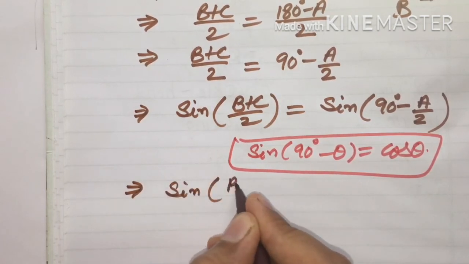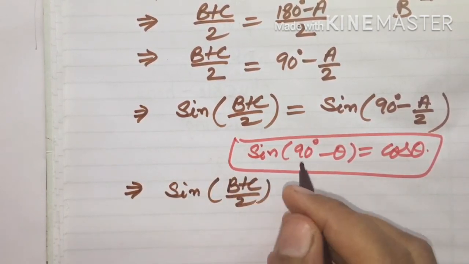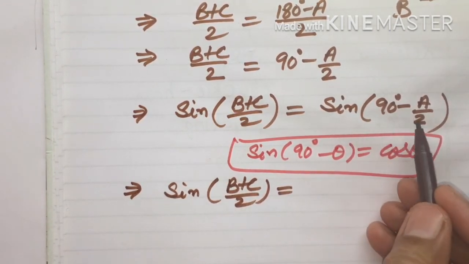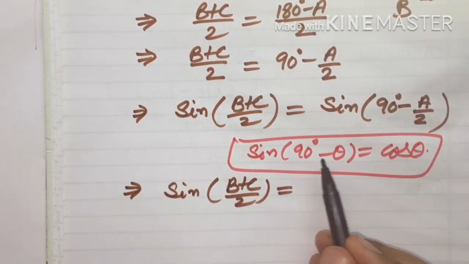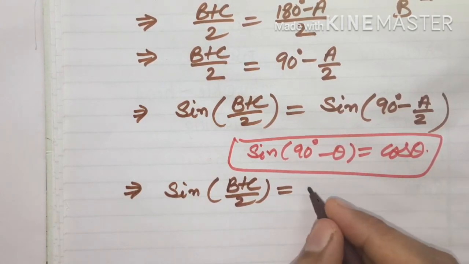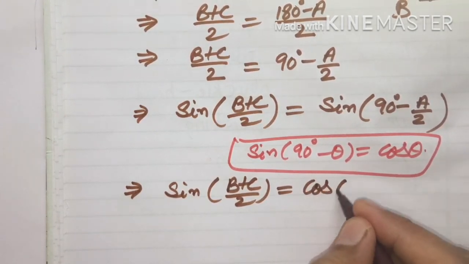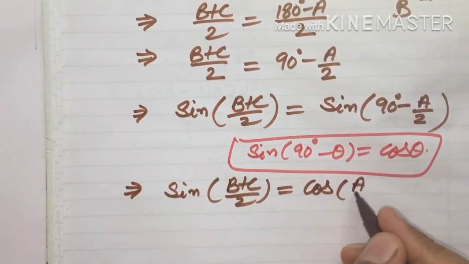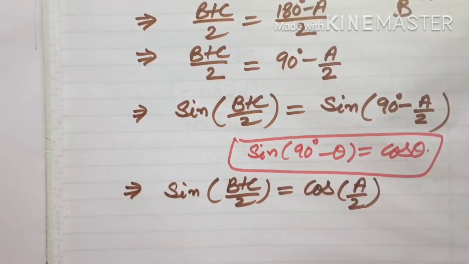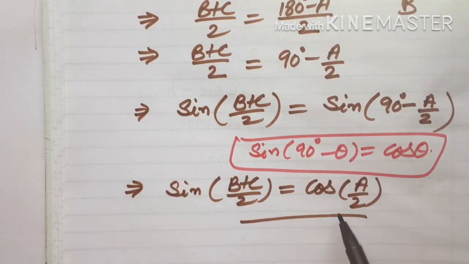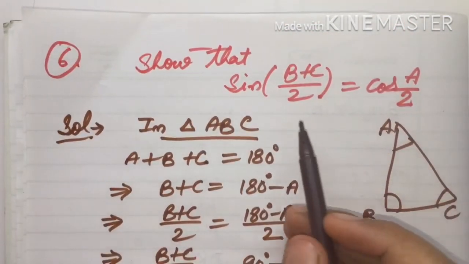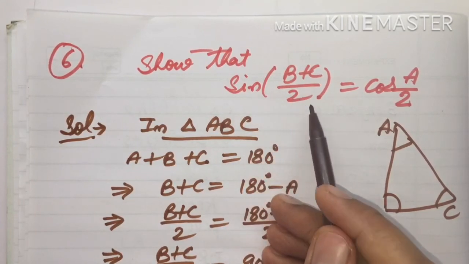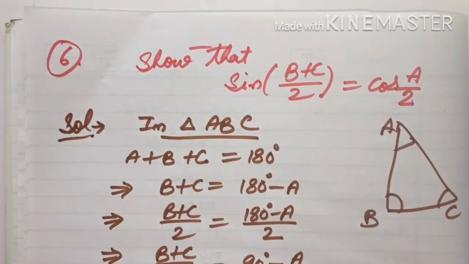Left side sine (B plus C) upon 2 is there, and on the right side sine(90 degree minus A upon 2) means sine(90 minus theta), it will become cos theta. So sine will change into cos and theta is A upon 2. So we can write down cos A upon 2. So this is the answer, because in the question they said that you have to show that sine (B plus C) upon 2 is equal to cos A upon 2.